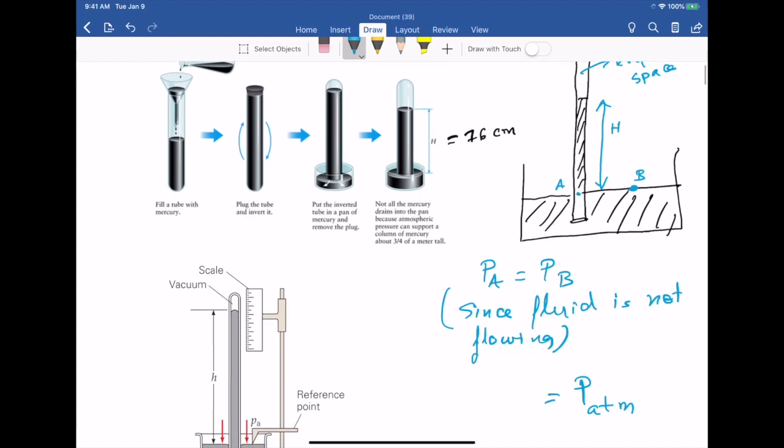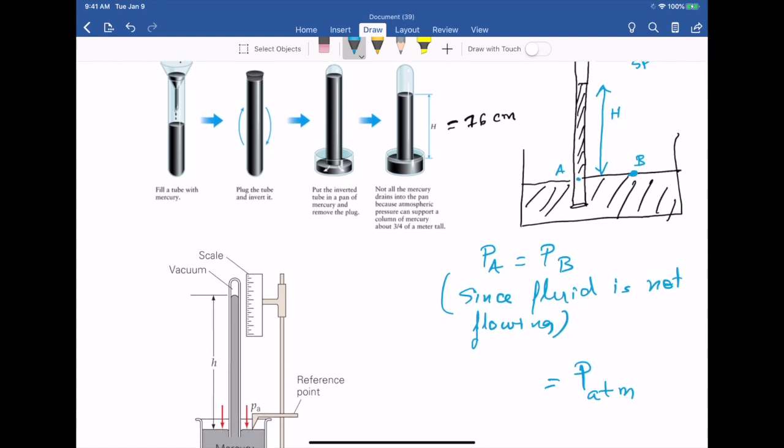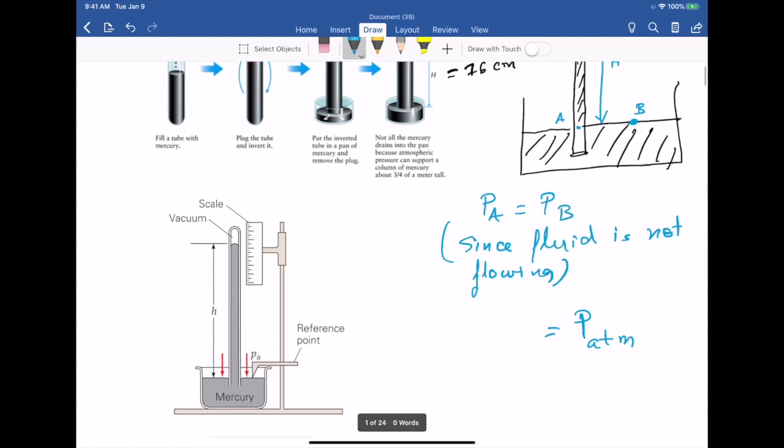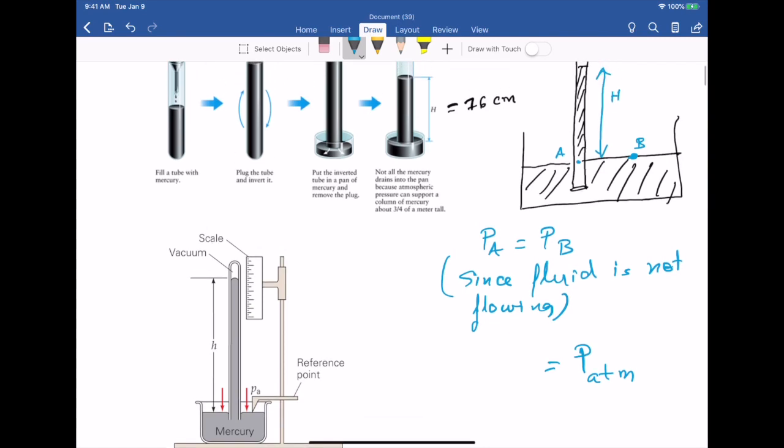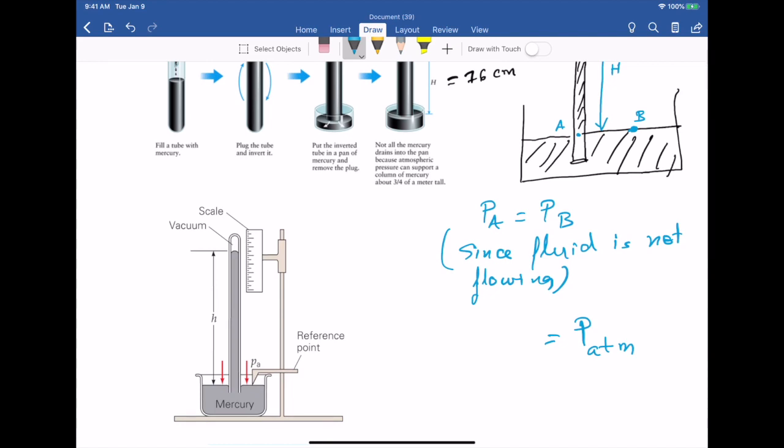We know how to calculate the pressure at a certain depth underneath the surface of a fluid. That is going to be the pressure at the top plus h rho g, the formula that we just derived. The pressure at the top of our mercury column is 0 because there is empty space above it, right? So it's just going to be h times rho mercury times g.